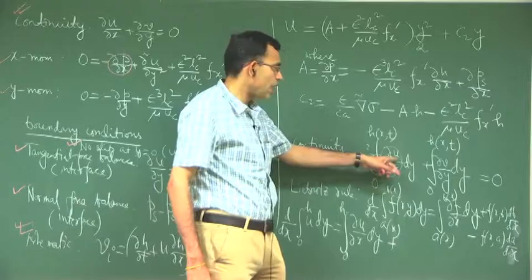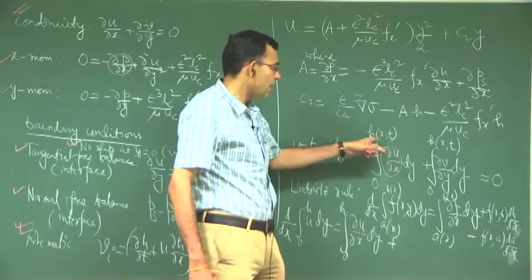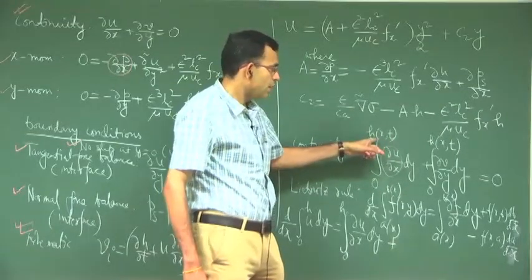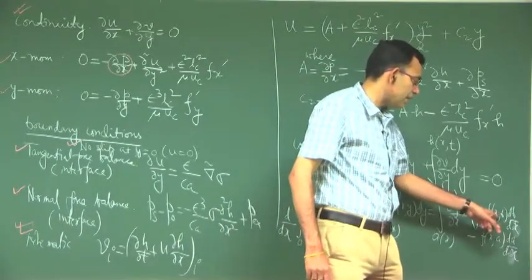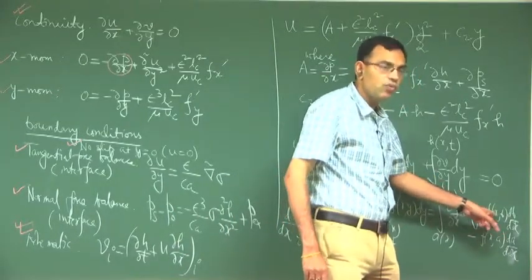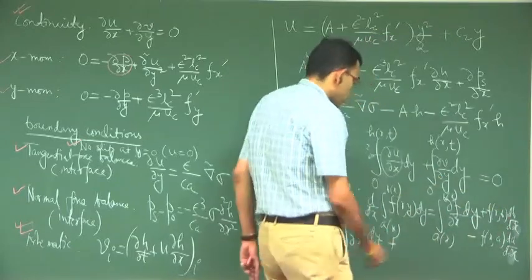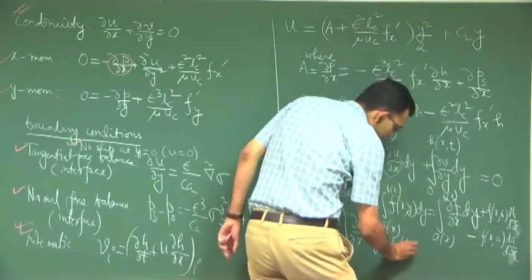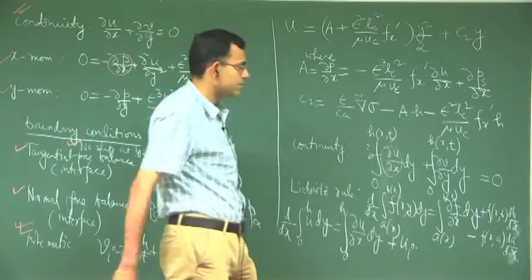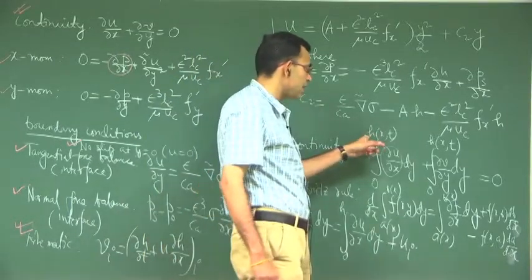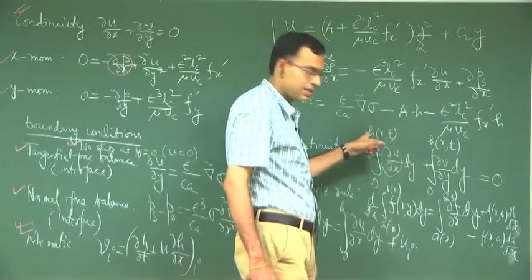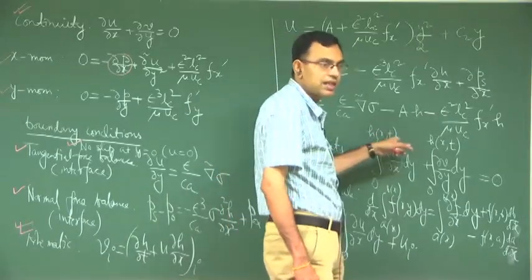So, u at h, u f at x comma b means u at h, right. So, u at h means u at the interface times dB dx; dB dx here will be replaced by del h del x, because h is a function of both x and time.